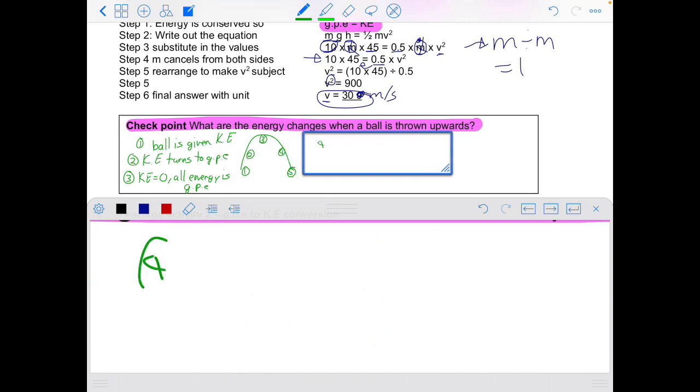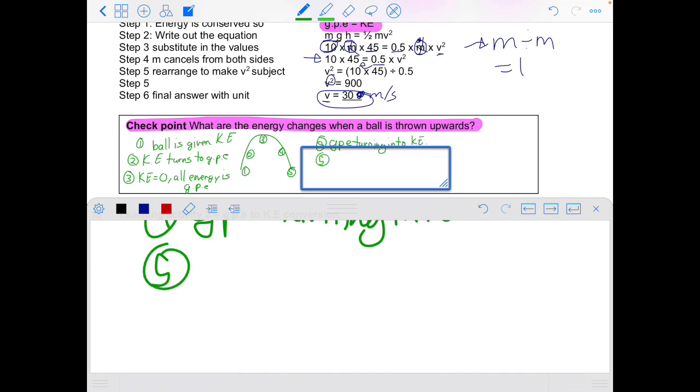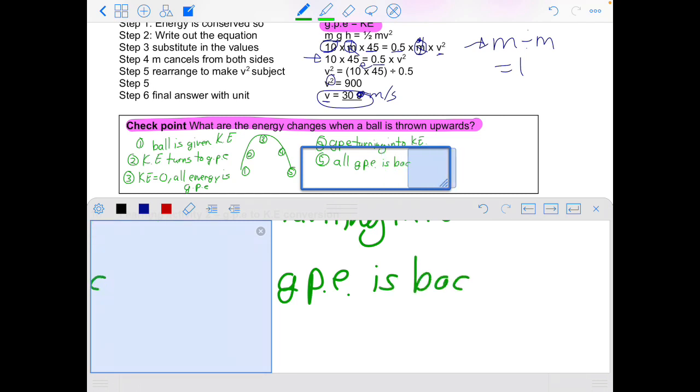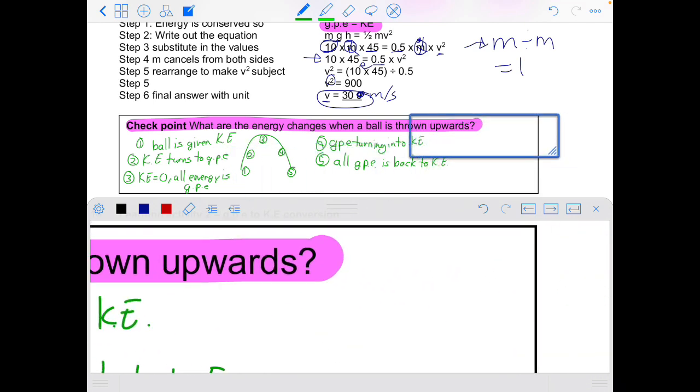And then at 4, the gravitational potential energy is turning into kinetic energy. And at 5, all gravitational potential energy is back to kinetic energy. All right, so that's what we're looking for.